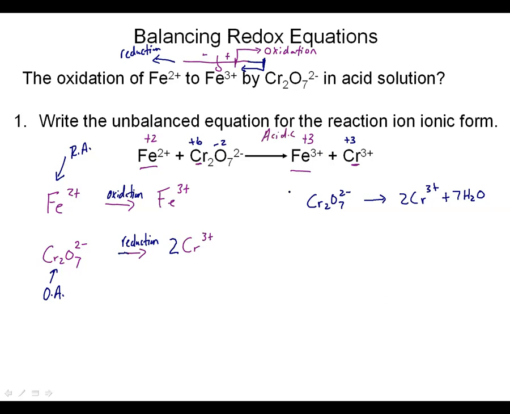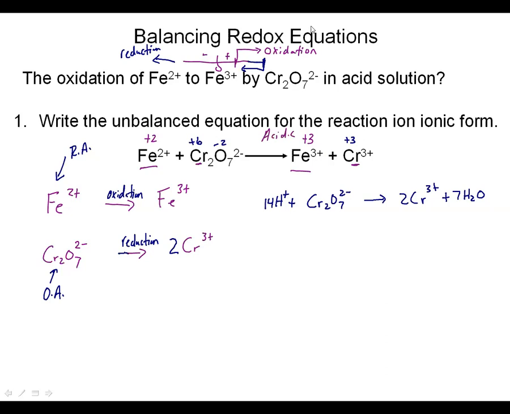As we talked about, when we add the 7 waters, that is going to give us 14 hydrogens. So to make sure that our hydrogens are balanced, we would then need to go to the other side and add 14 H pluses. So that is how we balance the oxygen: water to the side that needs the oxygen, H pluses to the other side to balance out the extra hydrogens that we got from the water.